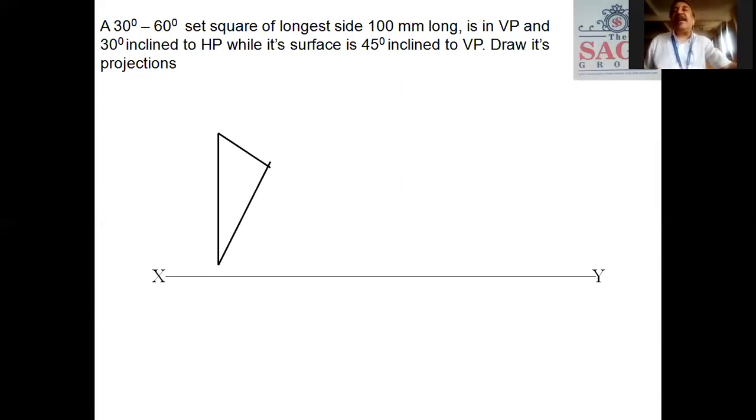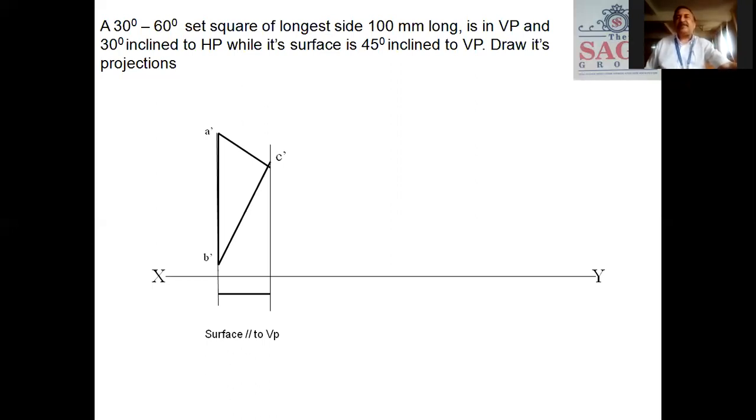So in this way we complete our 30-60 degree set square. Now name it and project it and complete our other view, that is a trace or line opposite to the true shape. It is a line parallel to XY, because this is the position with the surface parallel to VP.